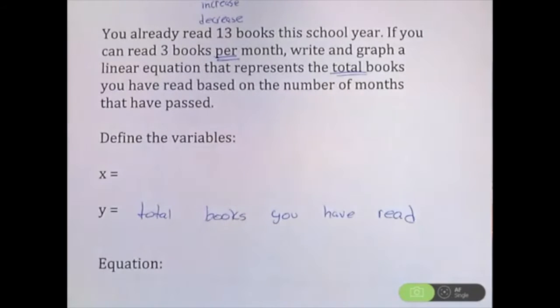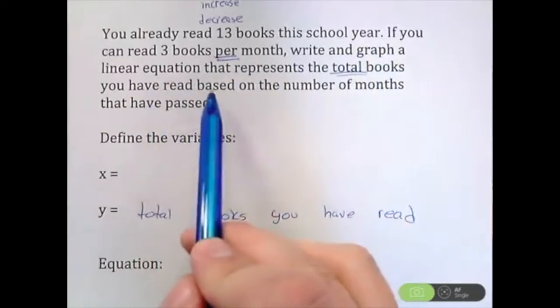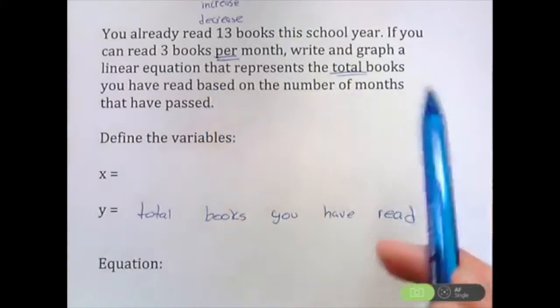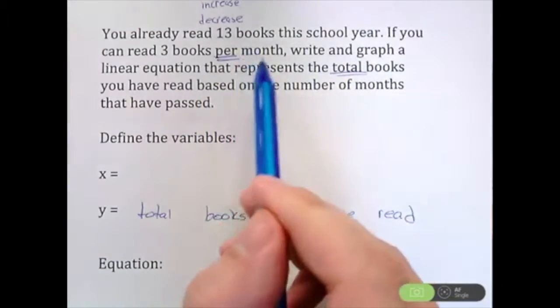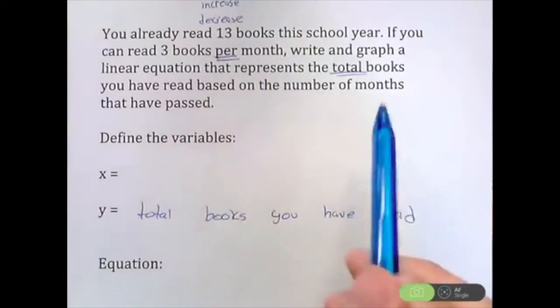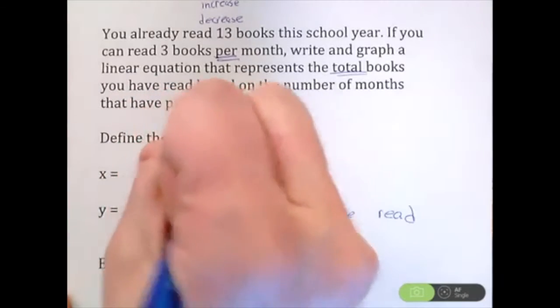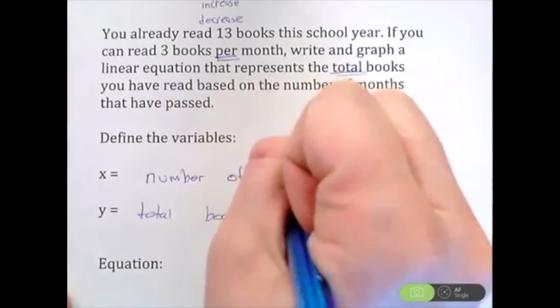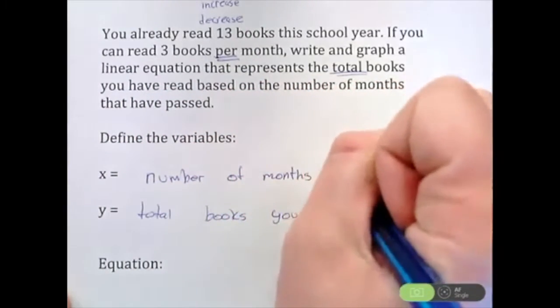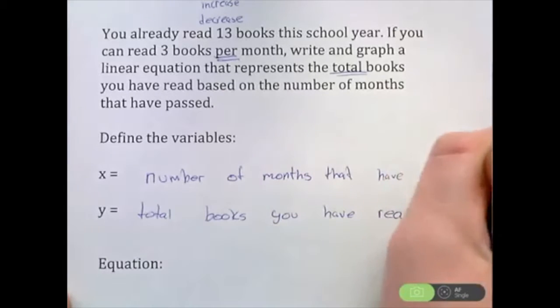What's the other thing they're talking about in this problem? It says the total books you have read based on the number of months that have passed, and it also talks about books per month up here. So my x is going to be number of months that have passed.